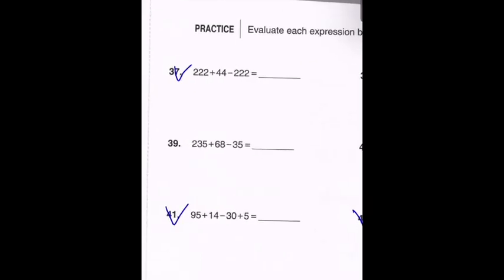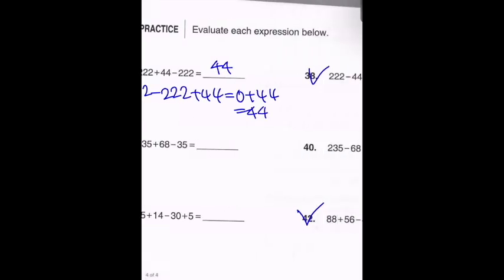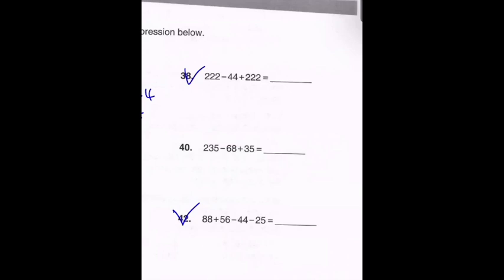So we're going to rearrange. So we're going to write it as 222 minus 222 plus 44. And that's going to be 0 plus 44, which is equal to 44. Now let's look at the next problem. So we have 222 plus 222 minus 44.